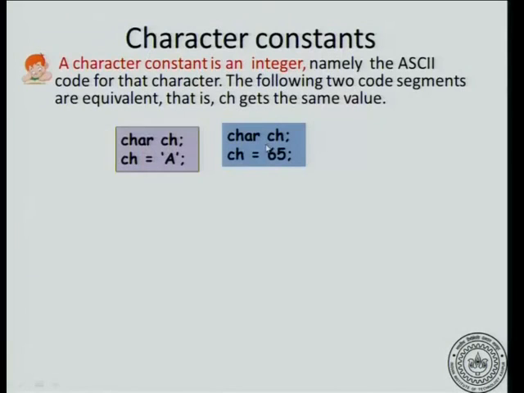That obviously initializes the character to A. It assigns the value A to the variable ch. But I could also do the following: char ch equal to 65. Why 65? The ASCII value for A was 65. So instead of writing it as A within single quotes, I can write ch equal to the number 65, and it will be the correct ASCII character anyway.